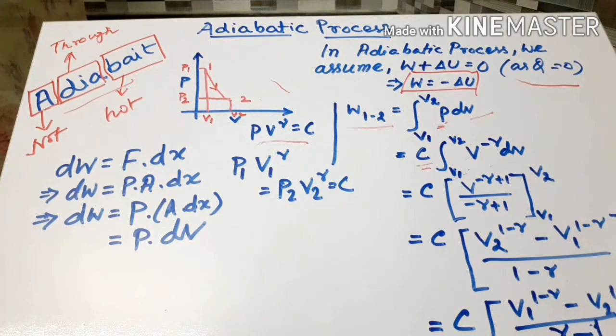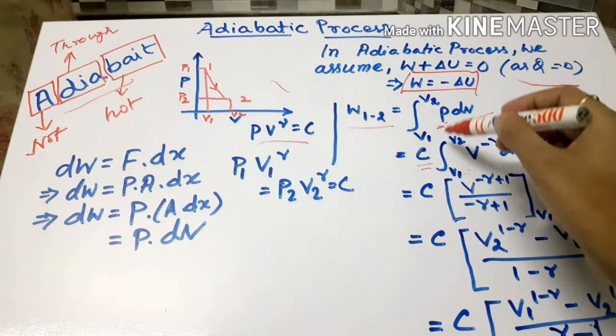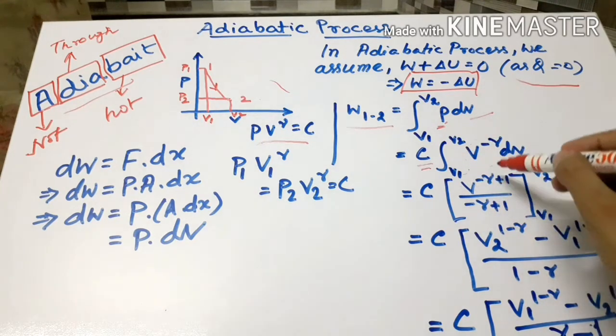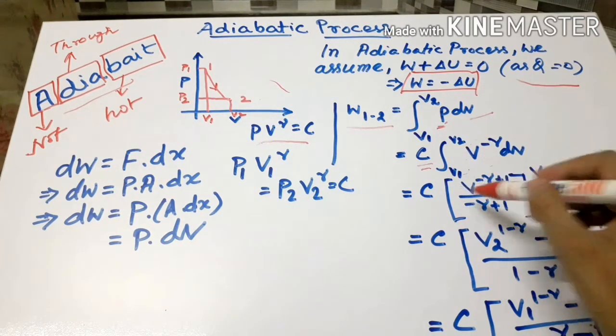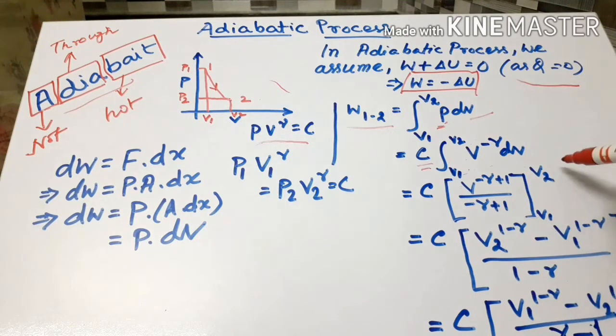From this integration we get V to the power minus gamma plus 1 divided by minus gamma plus 1, with the upper limit and lower limit.